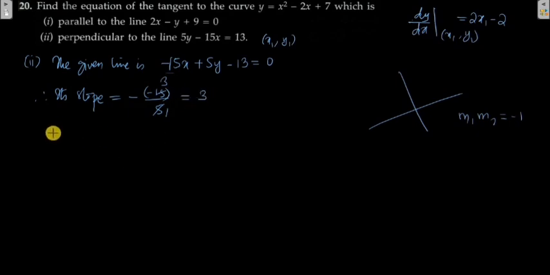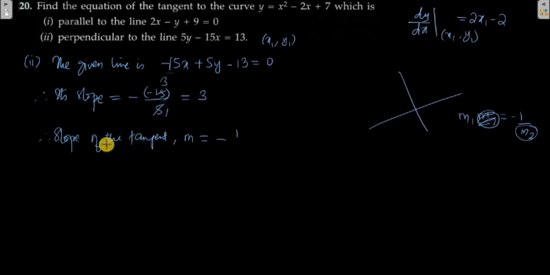So therefore, the slope of the tangent. Let me call the slope m. So if m1 is the slope, when this goes into the denominator, you get m1 equals negative of 1 by m2, where m2 is the slope of the given line.